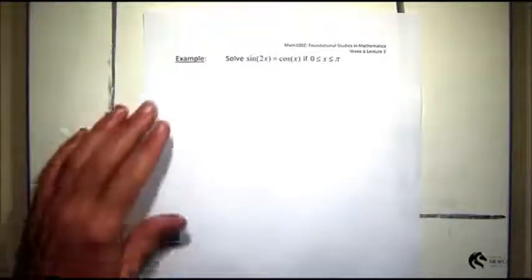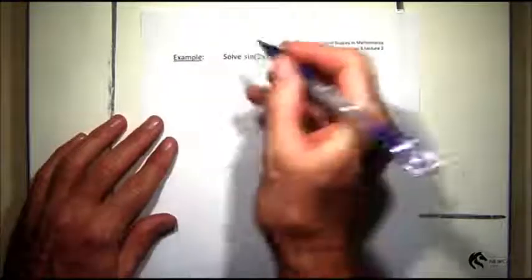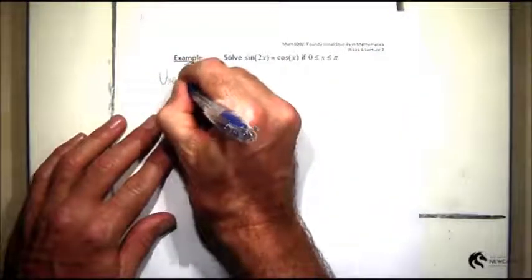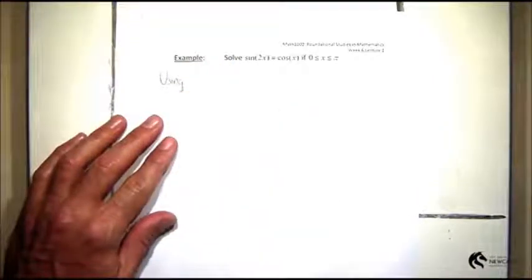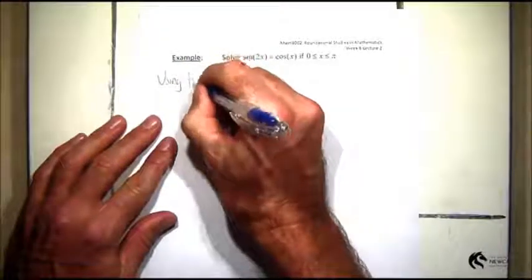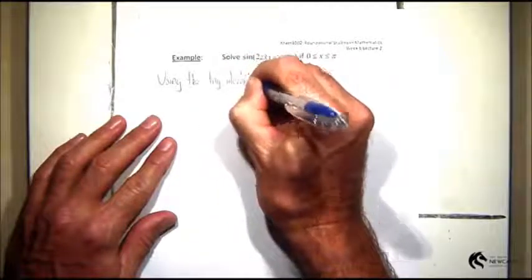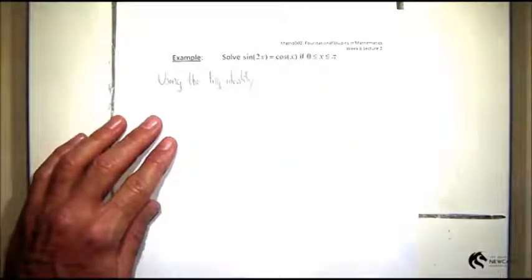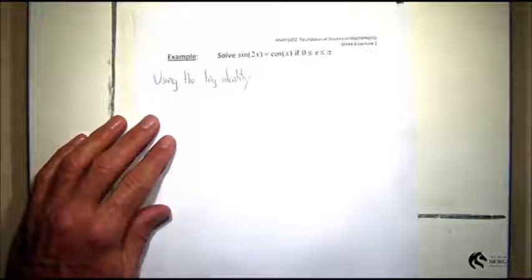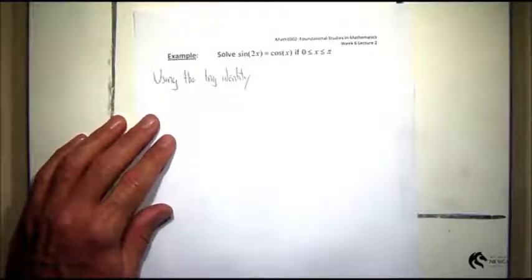So in this one, the only way we can make progress algebraically is to actually know some of the trig identities. And so in here, I'd imagine that if I was getting you to solve this sort of thing, I'd have to tell you which trig identity to use, I would imagine.